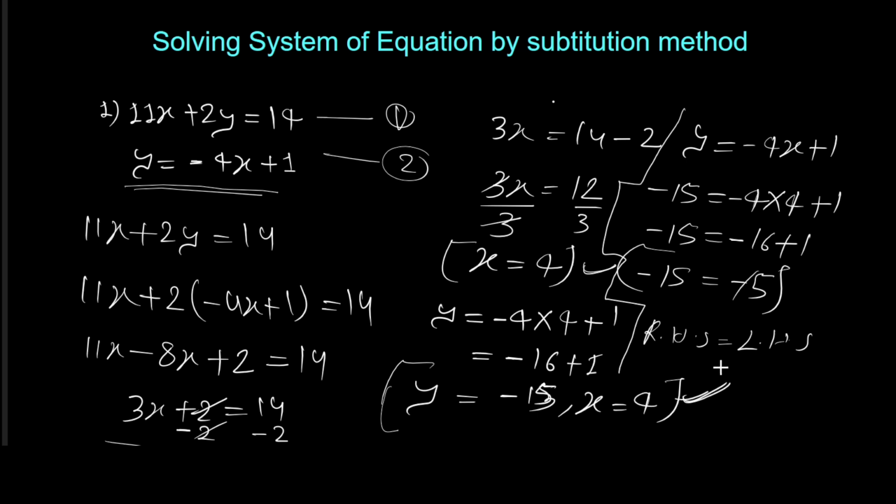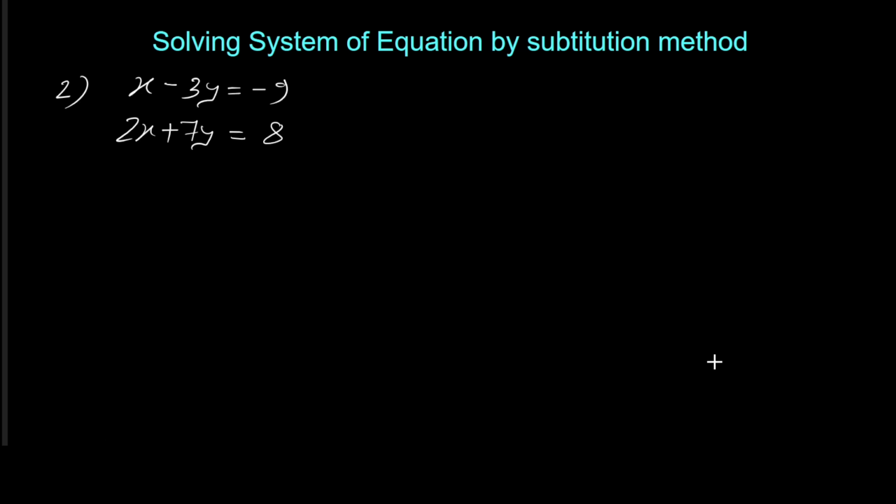So moving to our next problem, which is x minus 3y equals negative 9 and 2x plus 7y equals 8. The first step of the substitution method is to choose the easier equation and solve for one variable in terms of the other.